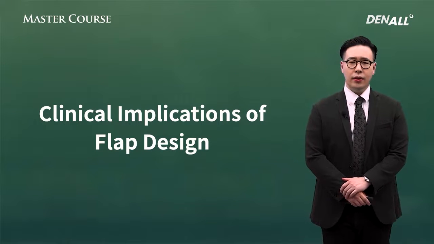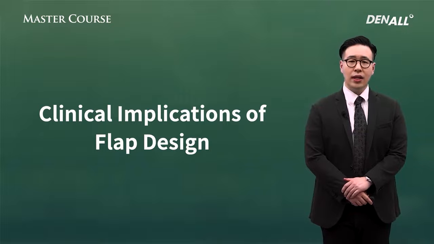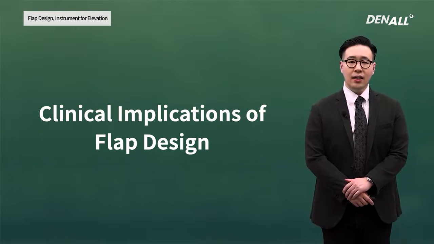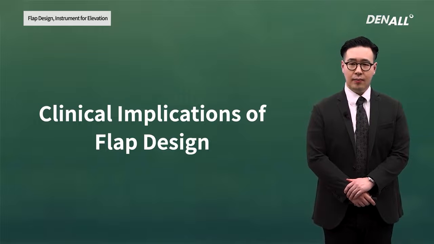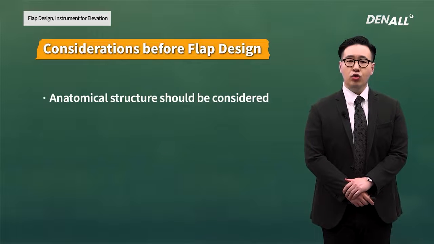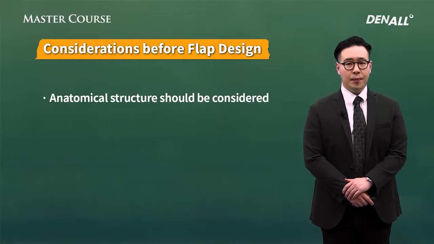Designing flap well. What does this mean clinically? In our head, before we make incision following the image that we have, I'm going to talk about what clinicians should consider. You need to understand where the anatomical structures are.